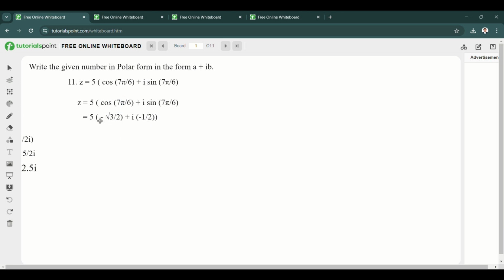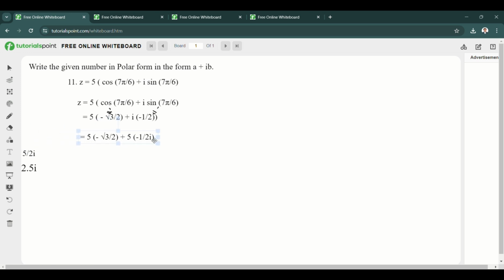So we need this equation, which is 5 times negative square root of 3 over 2 plus i times negative 1 over 2, which is the simplification of cosine 7π over 6 and sine 7π over 6.